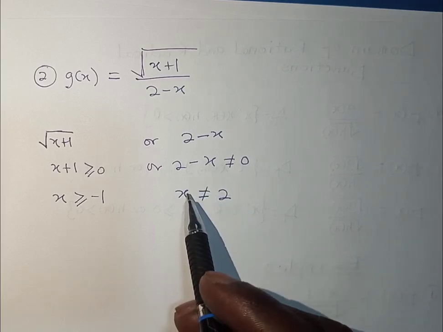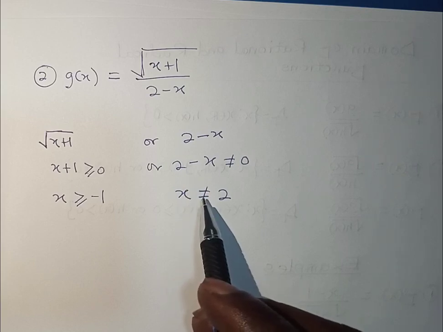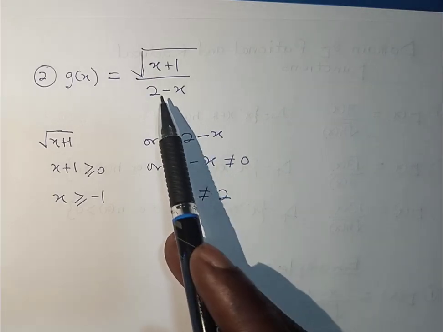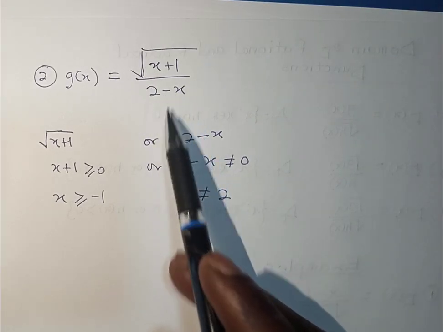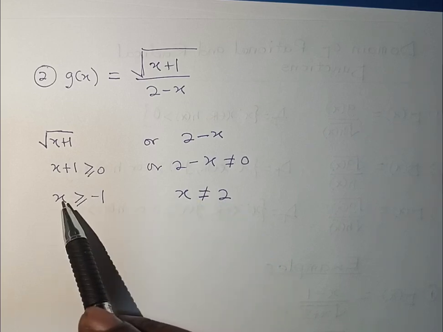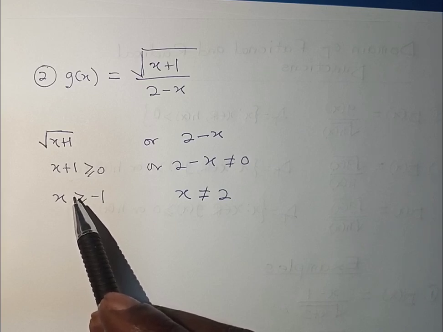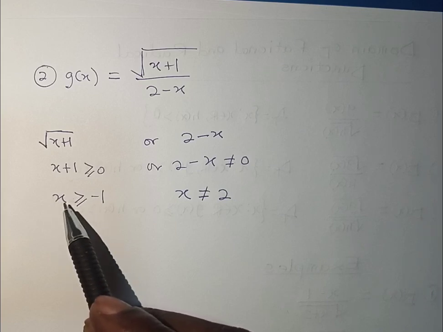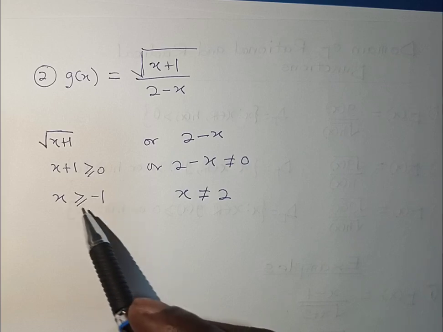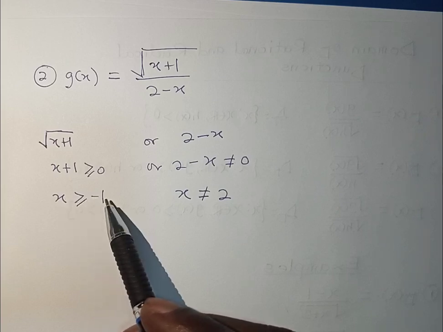If you consider the second part, every real number will satisfy, except 2. If you also come here, the only values that can make the function defined are numbers that are greater than or equal to -1.